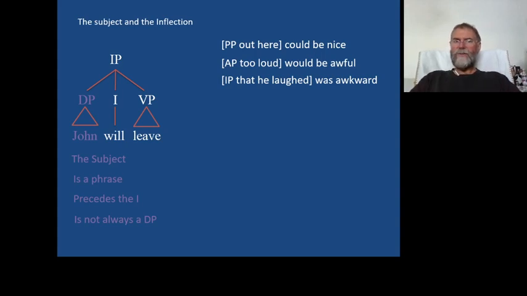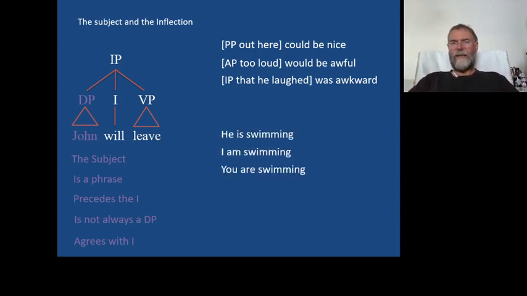Furthermore, there is a relationship that does exist between the subject and the inflection, which is itself not typical of a complement. The subject agrees with the inflection. What this means is that the form of the inflection is connected to certain properties of the subject, and you can see that most clearly in English when we use the verb to be.